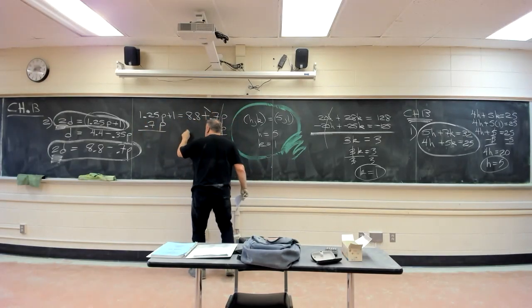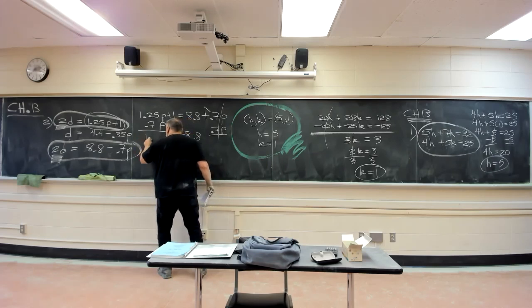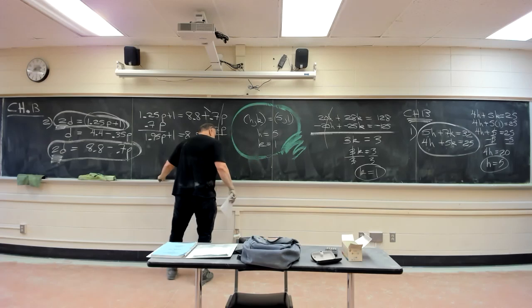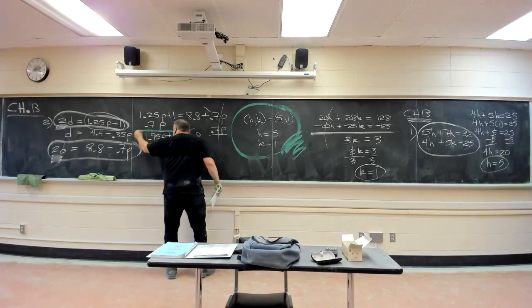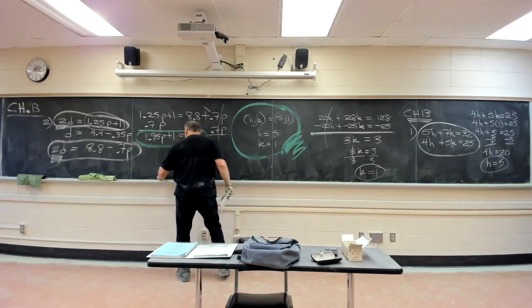That's out of there. This is a 1. This and this is 1.95p. We're certainly not done, but this is a good move to make. It's a good place to be.